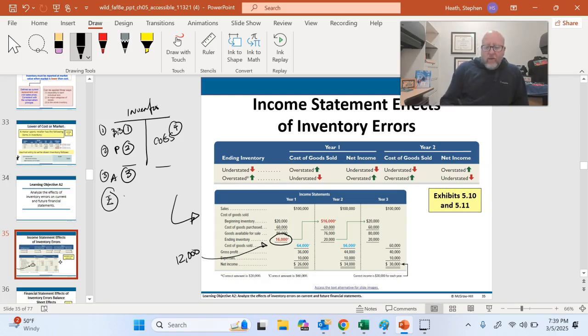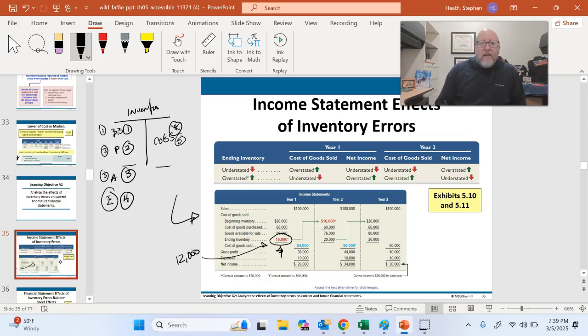And then we will count the inventory and we will subtract ending inventory from what we have available to back into cost of goods sold.